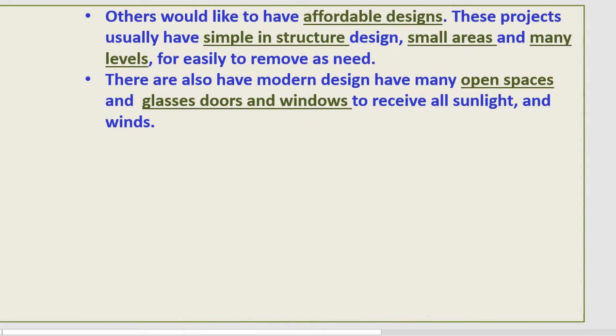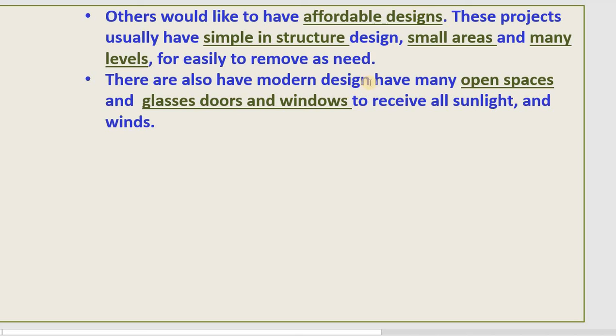One more time. If some people tell you about affordable design, that's a design with a very simple structure. And after that they use a very small area and they have many levels. Because with a small area they cannot expand on one level, so they have many levels. So that's why they have small area, many levels, and very simple structure.